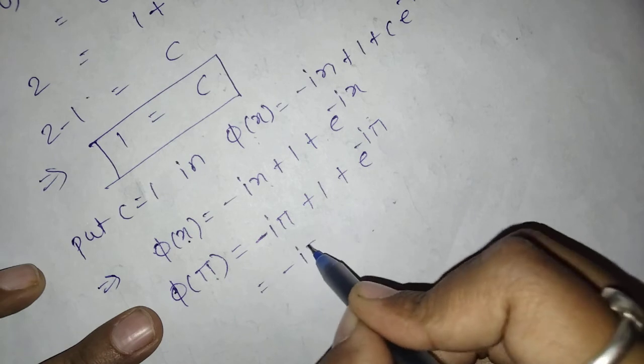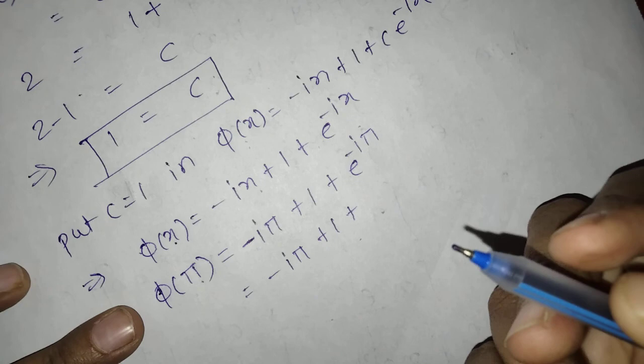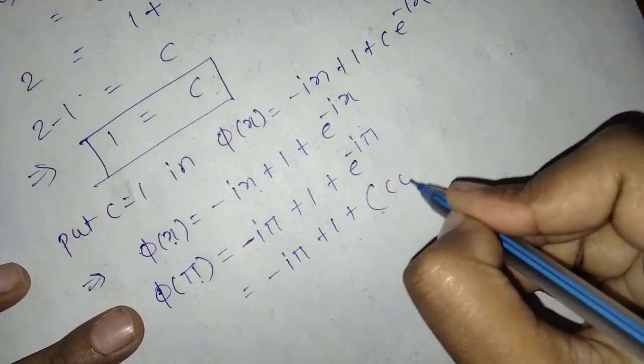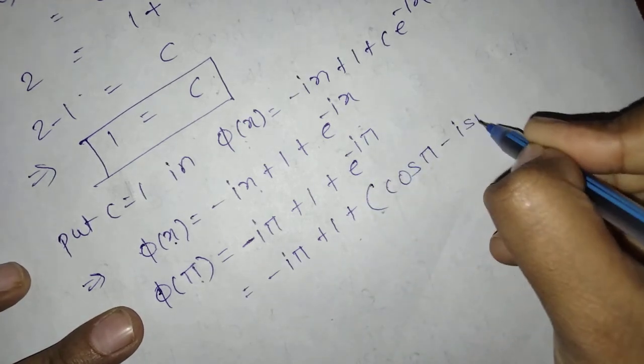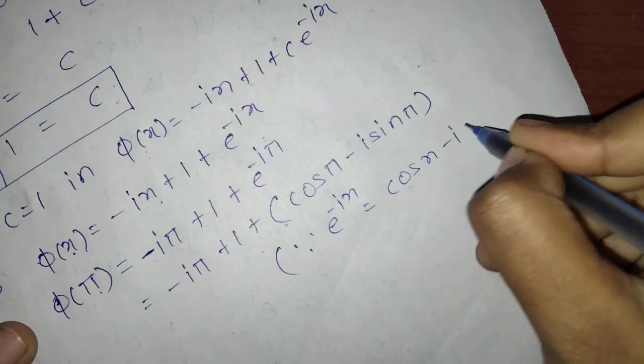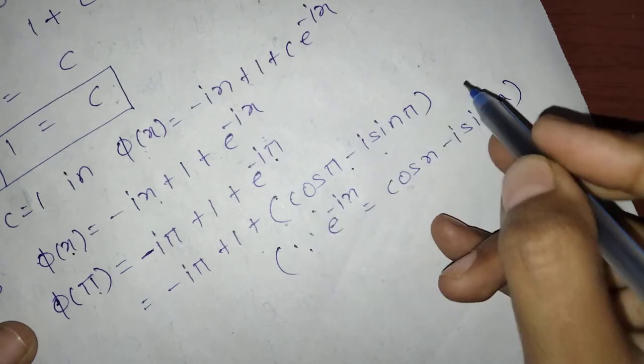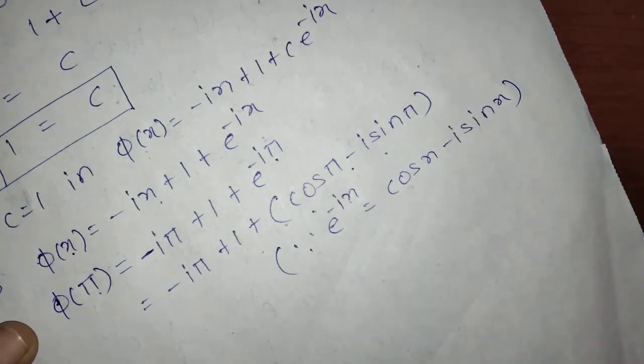We know that e raised to minus ix is cos x minus i sin x, and here x is equal to pi, so cos pi minus i sin pi. We know that sin n pi is always 0, and cos n pi, if n is odd, is equal to minus 1, and if n is even, cos n pi is equal to plus 1.